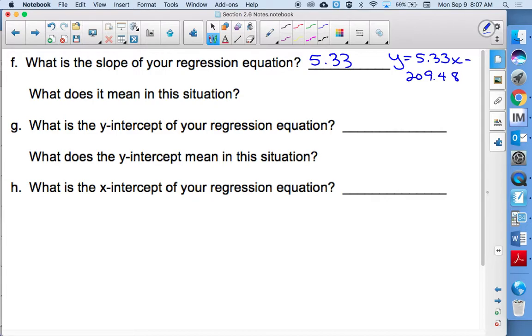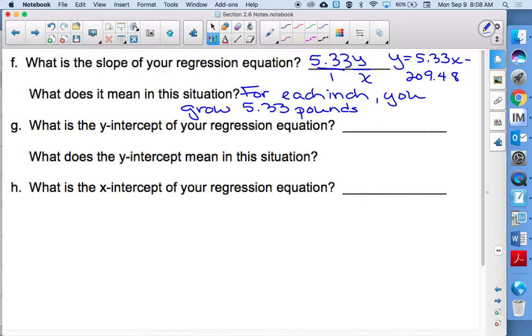So this is y over x. The y represents the pounds. The x represents the inches, and technically this is divided by 1 if I wanted to make it into a fraction. So we'll say for each inch you gain 5.33 pounds.